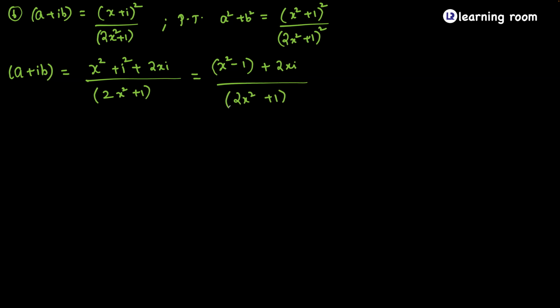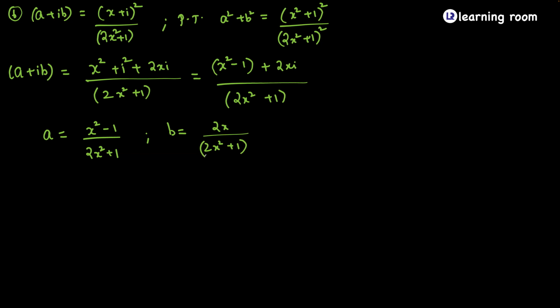Am I right? So compare both the sides. a will be equal to x square minus 1 divided by 2x square plus 1. What will b be equal to? b is equal to 2x divided by 2x square plus 1.